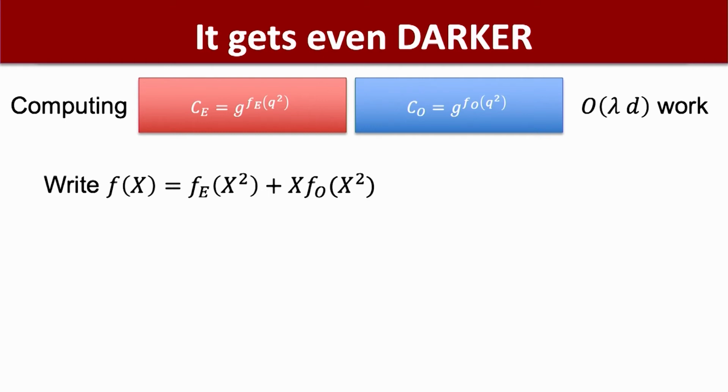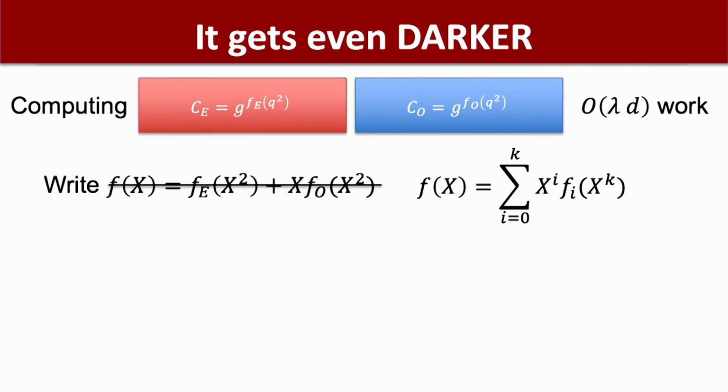I won't get into the details, but the core idea of the main protocol was to split the polynomial into two parts. It turns out that we can use a similar idea and split the polynomial into k parts. So not just the odd and even coefficients, but the coefficients that are 0 mod k, 1 mod k, 2 mod k, 3 mod k, and so on.